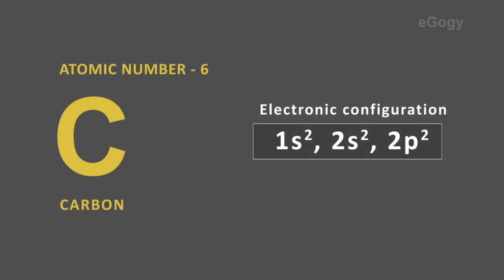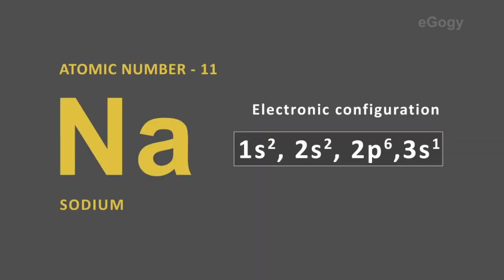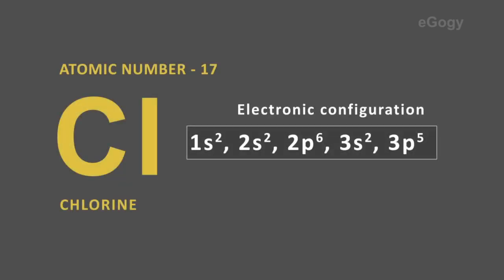Carbon, atomic number 6. Electronic configuration 1s2, 2s2, 2p2. Sodium, atomic number 11. Electronic configuration 1s2, 2s2, 2p6, 3s1. Chlorine, atomic number 17.